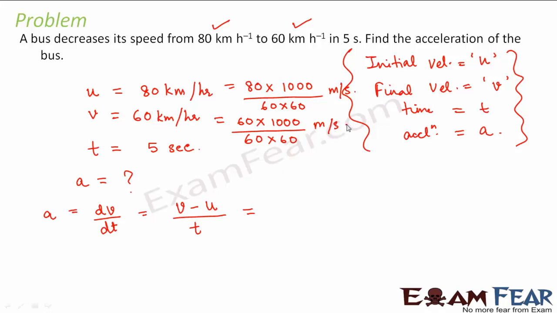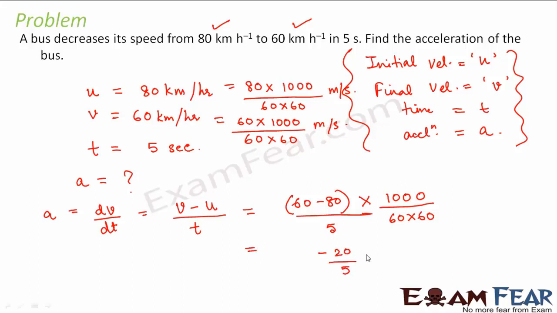So this becomes equal to (60 minus 80) into 1000 divided by 60 into 60, this divided by t, time is 5. So this is minus 20 divided by 5 into 1000 divided by 60 into 60. From this we get minus 1.12 meter per second square.